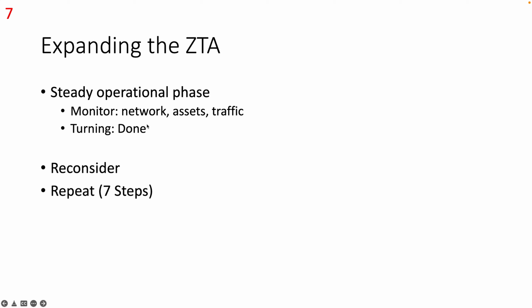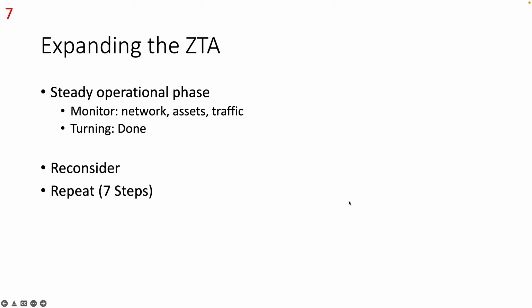Then it's the final step of migrating perimeter-based architecture to zero trust architecture. The network and assets are still monitored and traffic is logged, but responses and policy modifications are done at a low tempo. Tuning phase is done, so all the tuning should not be severe.